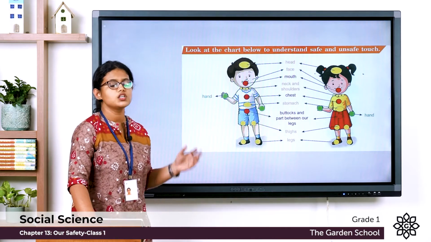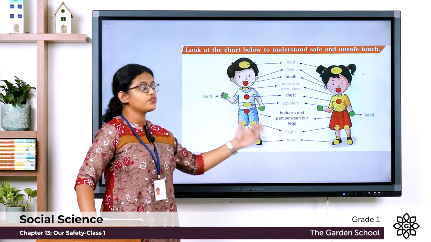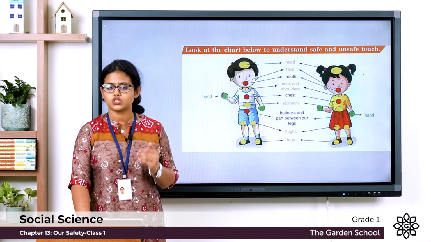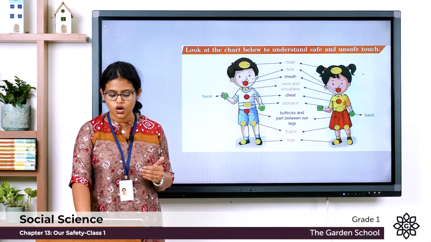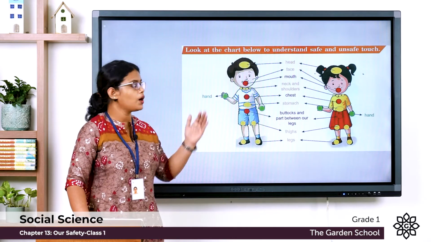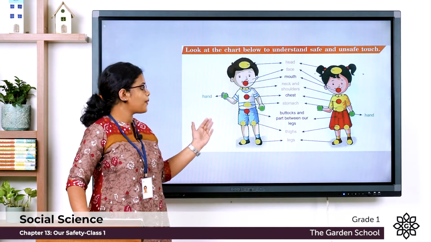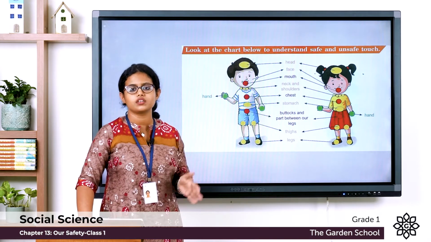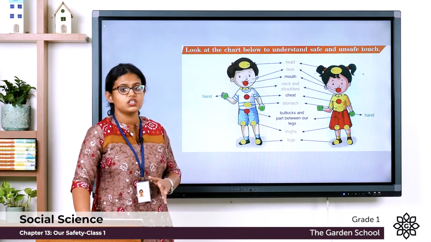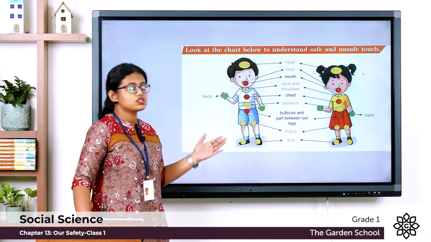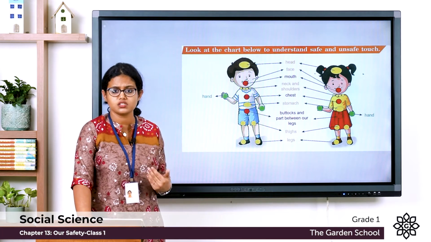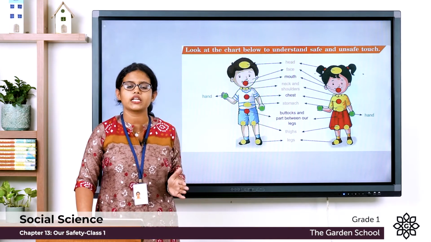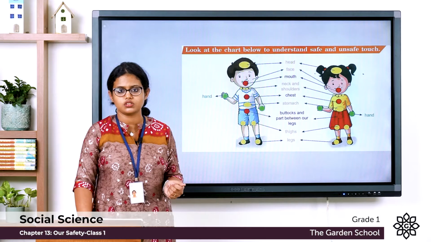Look at this chart to understand safe and unsafe touch. When a person touches your mouth or your chest or your buttocks and parts between your legs, that is unsafe touch.